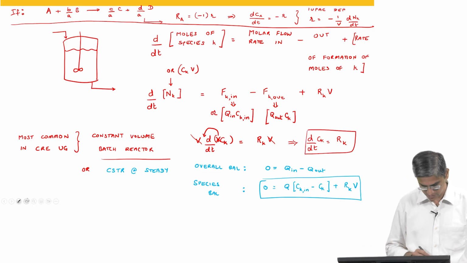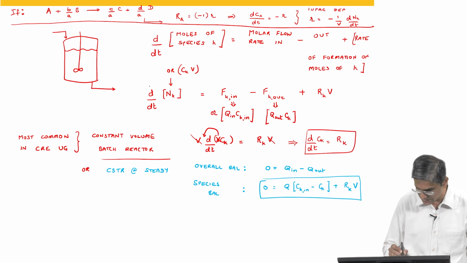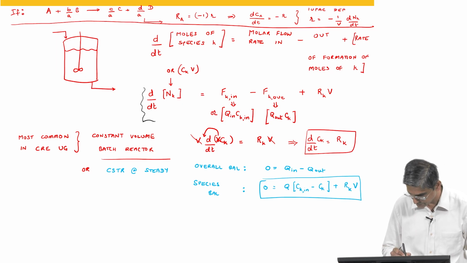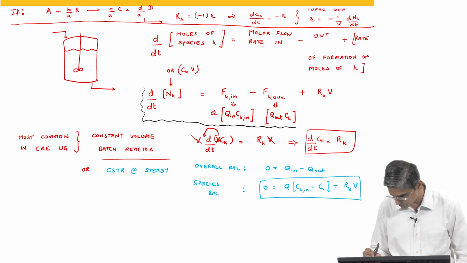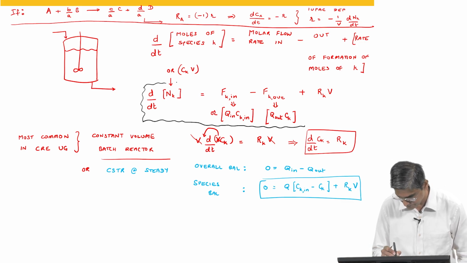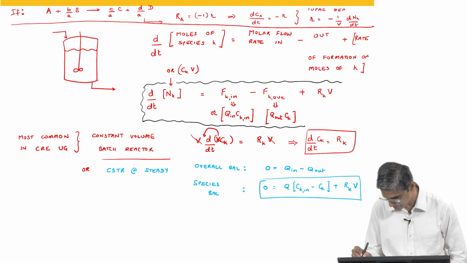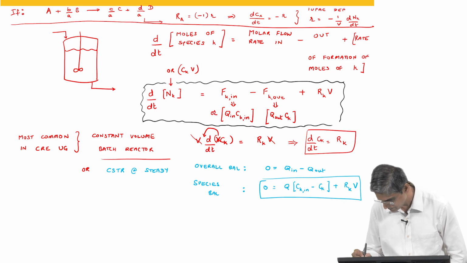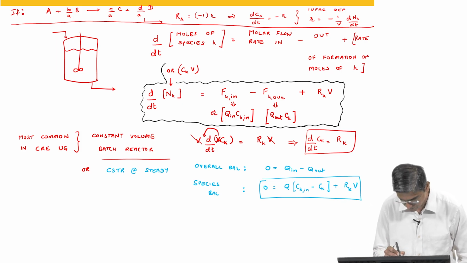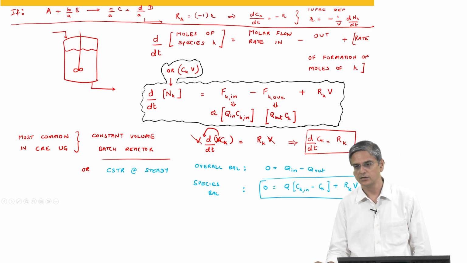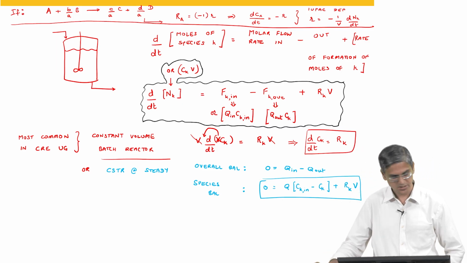But where does it come from? It comes from the overall balance that is given over here. This is where those cases come from.